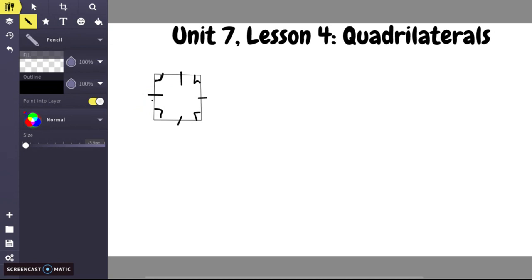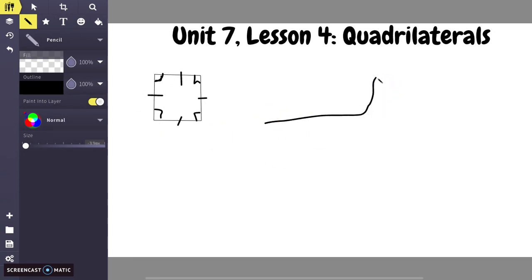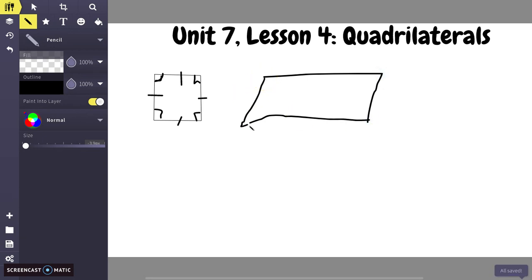So how? Well, let's see. I said that it was a parallelogram. Well, what is that? That's this. Not that, because that's terribly drawn. And then let's connect the sides. What a parallelogram basically is, is that it has two sets of parallel sides.